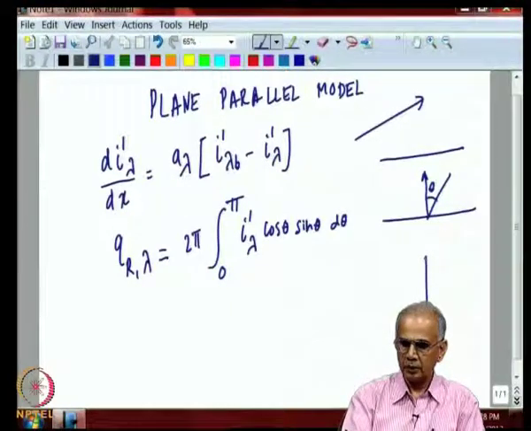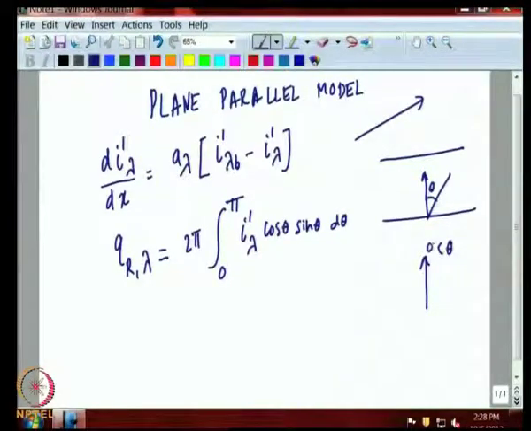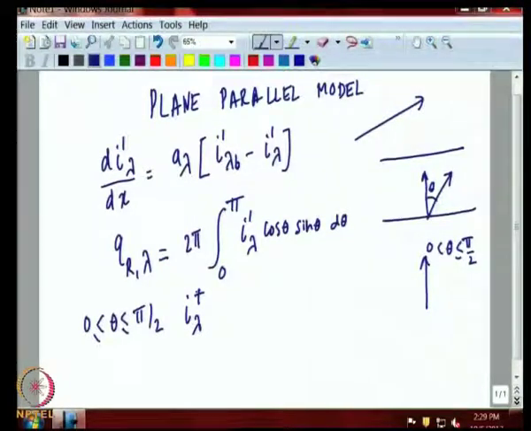In this part, the upward going rays, that is theta between 0 and pi by 2, are all rays which are moving upwards, and so we had solved this equation for theta between 0 and pi by 2, and that one we called I lambda plus, rays moving upwards.